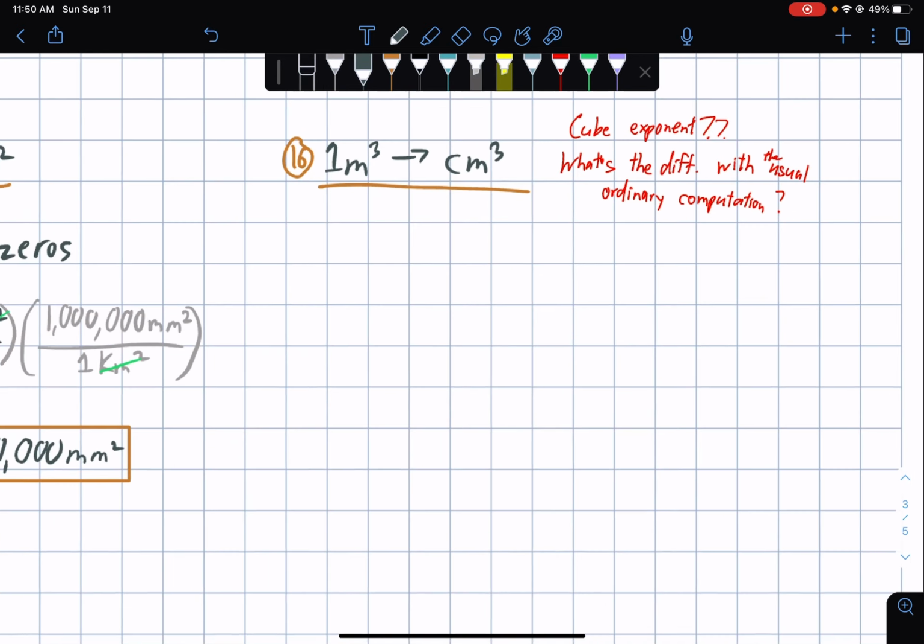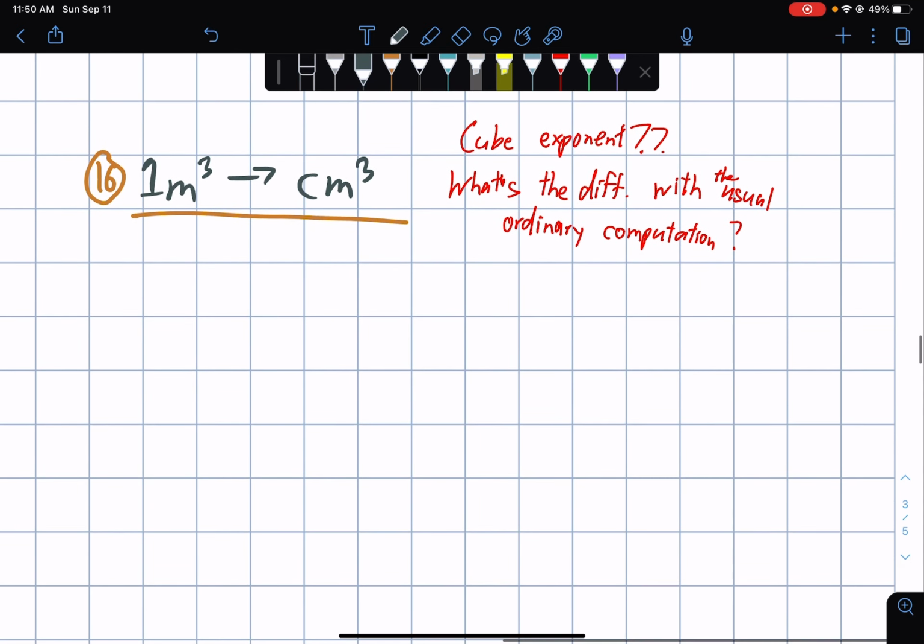Let's move on to number 16. Number 16, meter cube. This time we have cube. So what's the difference with the usual ordinary computation? Nothing's actually different. We just have a different exponent. That's the only difference. We still have to copy the exponents, of course. Alright. So meter, decimeter, centimeter.